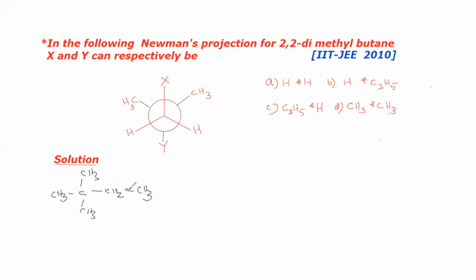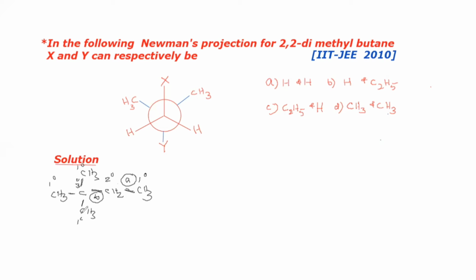See, this single bond is between primary and secondary carbons. Let it be A type of axis. This single bond is between secondary and tertiary carbons. Let it be B type of axis. And these three single bonds are between primary and tertiary carbons.